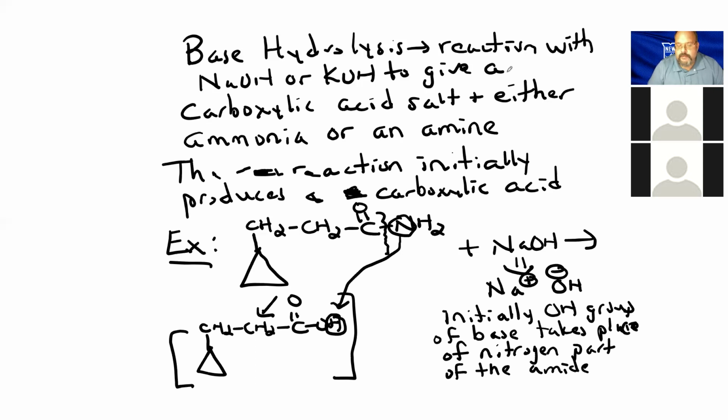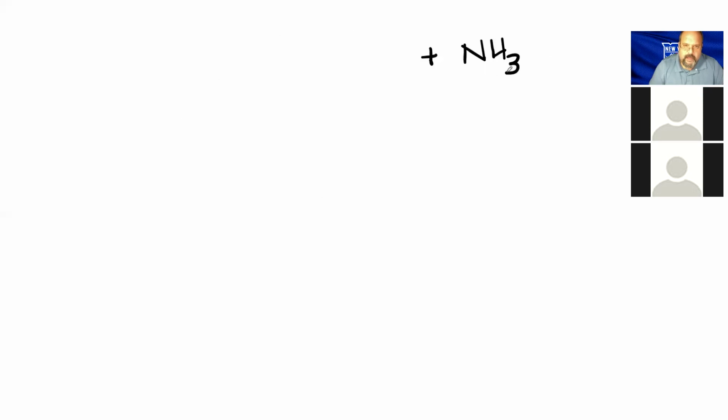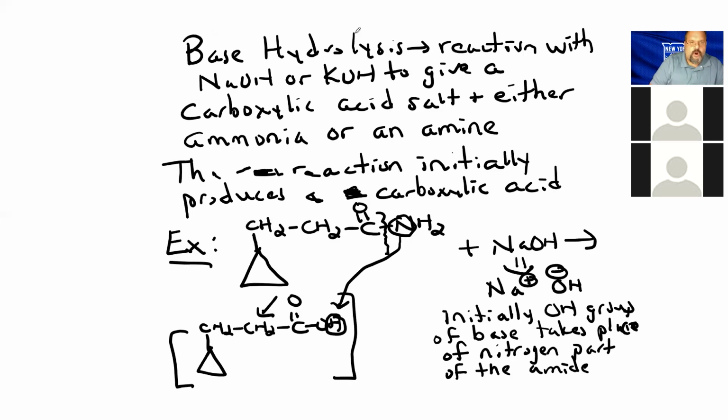Now, what happens to the carboxylic acid? Everything stays the same. So I have my ring, CH2, CH2, until I get to the carboxyl group. I still have my C double bond O, but now the C double bond O carbon is not going to be connected to OH.